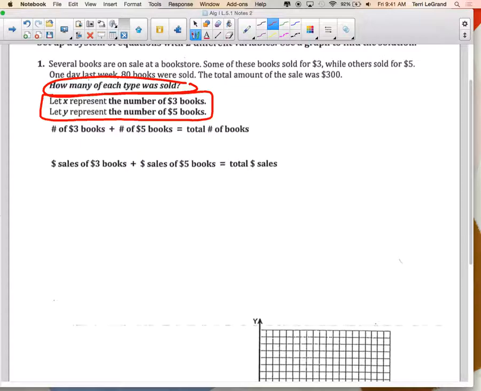See if you can come up with two equations given what X and Y represent and the information provided for you. Set up two linear equations. One underneath the first word sentence which says number of $3 books plus number of $5 books equals the total number of books. And then underneath the other one, dollar sales of $3 books plus dollar sales of $5 books equals total dollar sales.